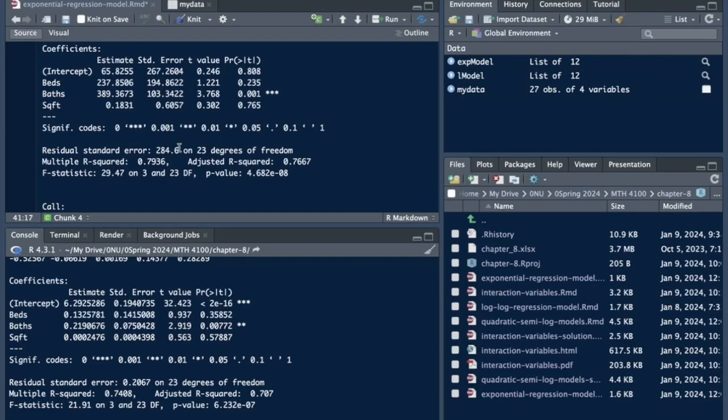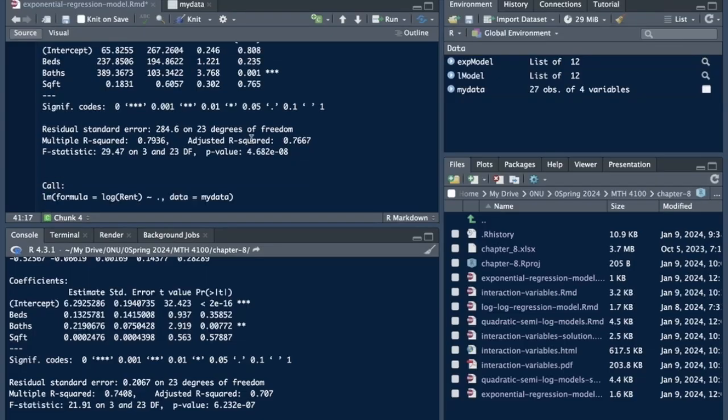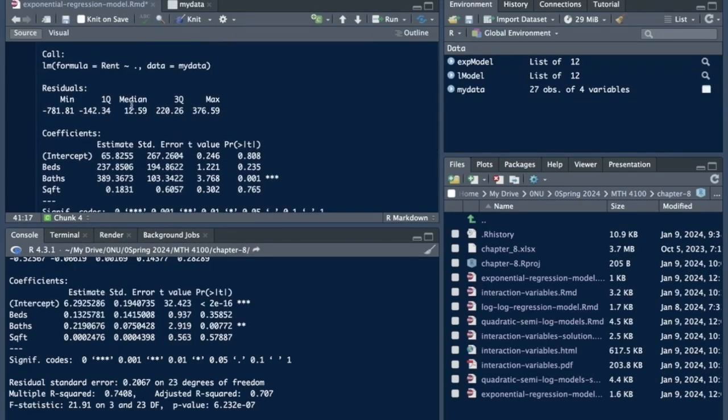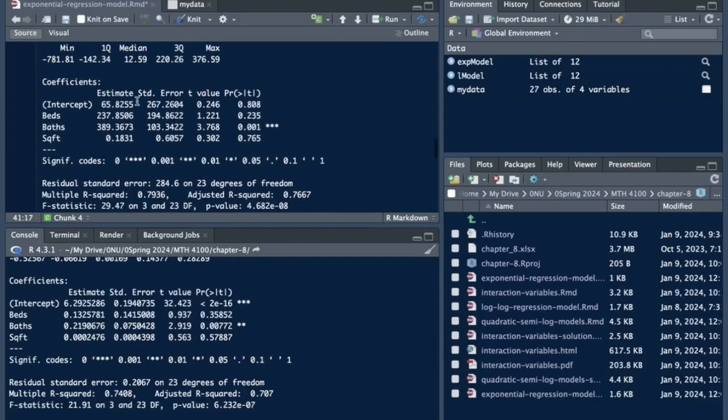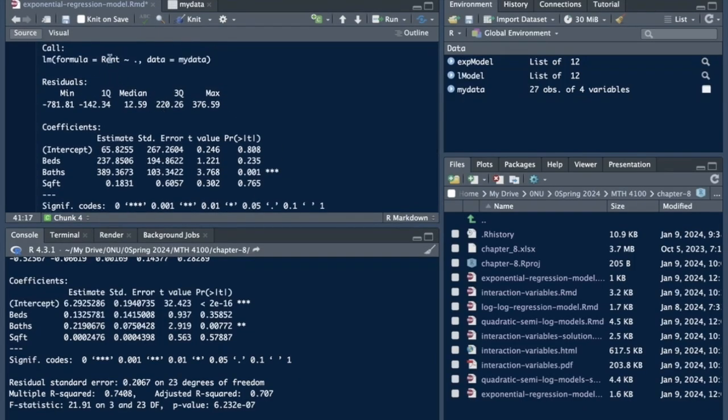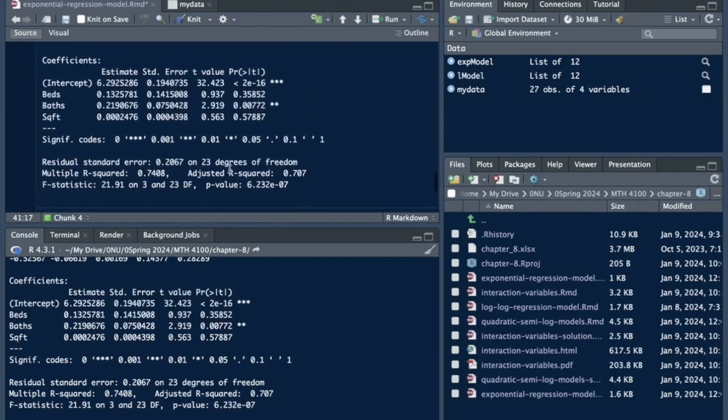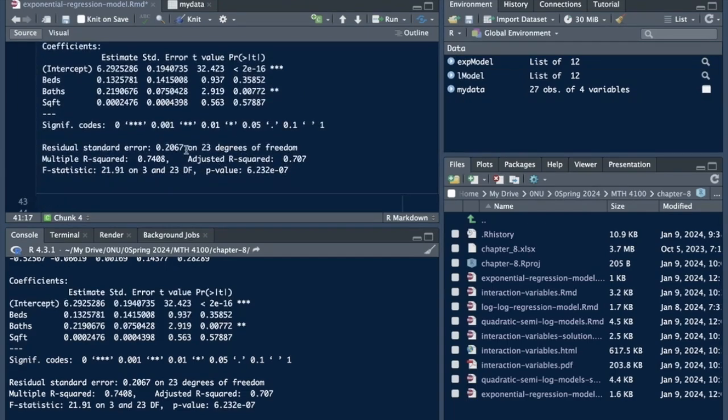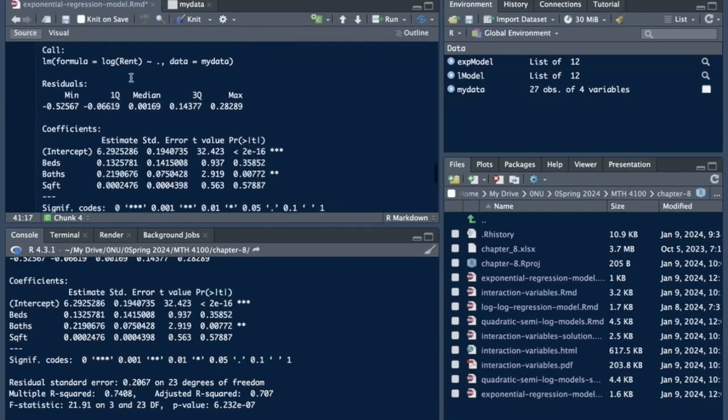But there's something important to say here. In the first model, the values are calculated in terms of y, which is the rent. So 0.76 is the adjusted R squared for the response variable, which is y. And here, the 0.70 is the adjusted R squared for the log rent, not for the rent. So we have to find the adjusted R squared for the rent, not for the log rent.